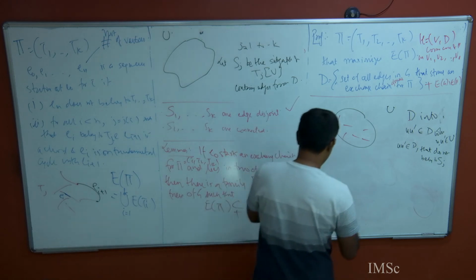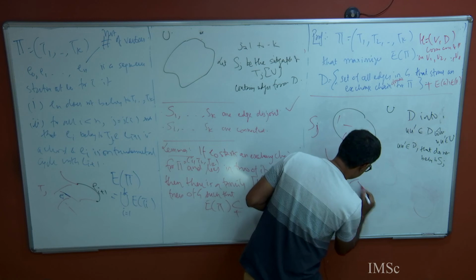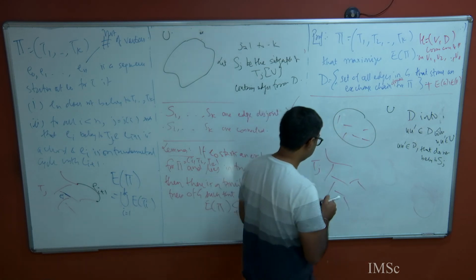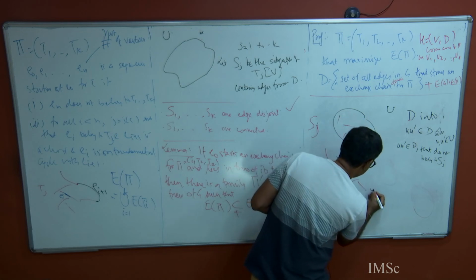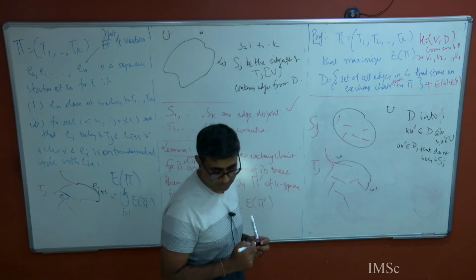This is my Tj. Now this is the edge u prime which we added.